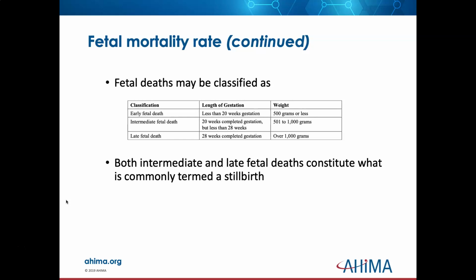And most, the common definition for a fetal death is intermediate and late. They typically do not count early fetal deaths in the fetal mortality rate. They're looking at 20 weeks gestation and beyond for a fetal mortality rate.